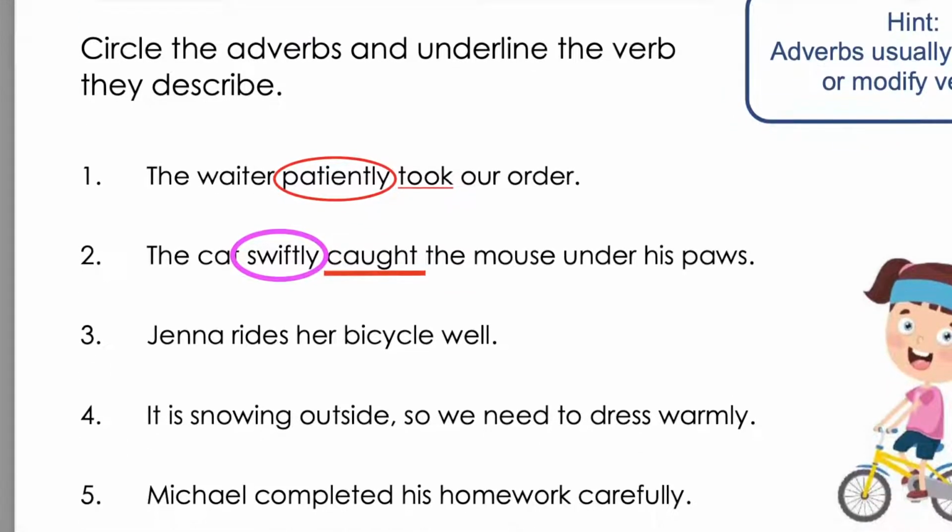Okay. Next sentence. Jenna rides her bicycle well. Okay, so let's find the verb. The verb is rides, right? So is that an action verb or is that a linking verb? Can you see Jenna doing that?